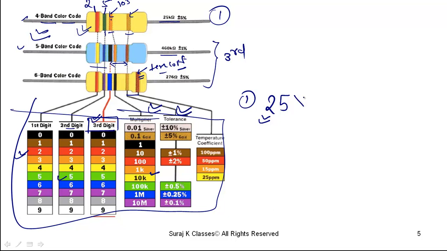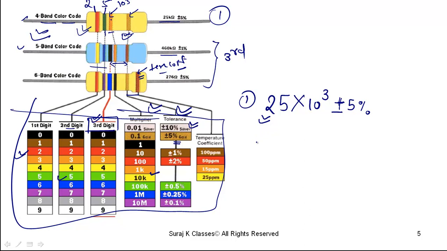So I simply have to multiply by 10 raised to 3, and this one is a golden kind of color. This is showing you the tolerance, and now we are referring to the tolerance table. This is plus minus 5%. So this comes with a tolerance of plus minus 5%.